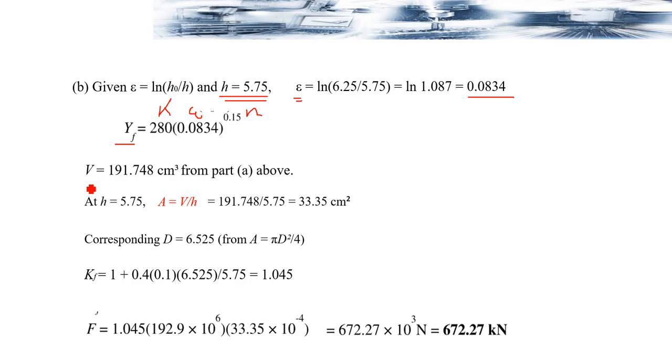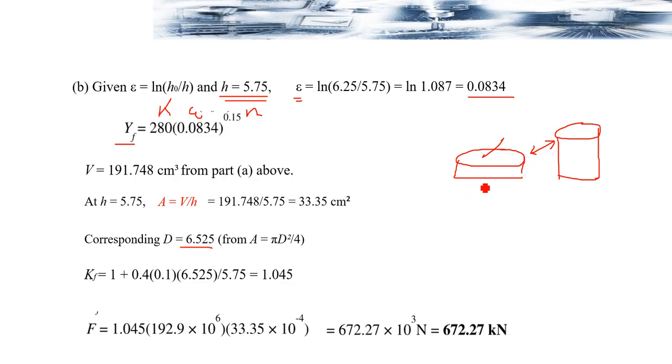Now we go to calculate the volume. The volume is going to be constant, because the cylinder with the initial diameter and initial height is going to be compressed to a new diameter and new height. So these volumes are going to be the same because it's the same cylinder, but it has been compressed. So we find the new area here, and we can use it to find the new diameter.